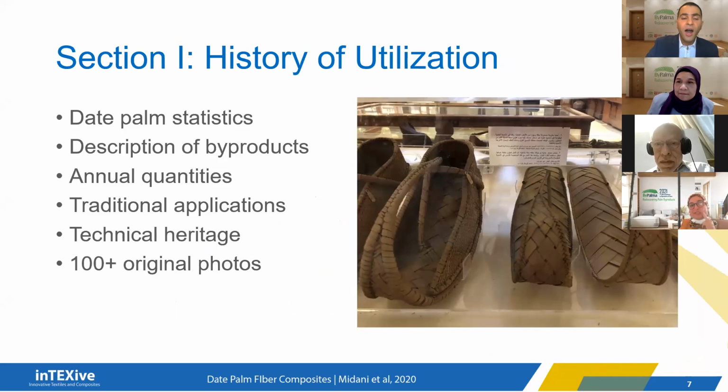It includes up-to-date information on date palm statistics and distribution, as well as a very detailed description of every byproduct and its annual quantities, in addition to the traditional applications and the technological heritage available in different regions around the world. This section was also prepared by the legendary Professor Hamid al-Mosli, and it includes more than 100 original photos from his personal photo library.